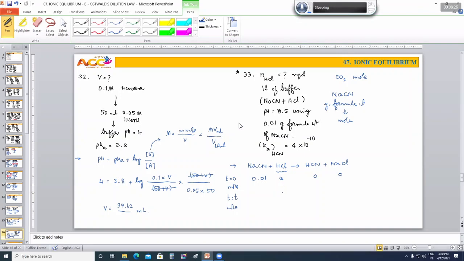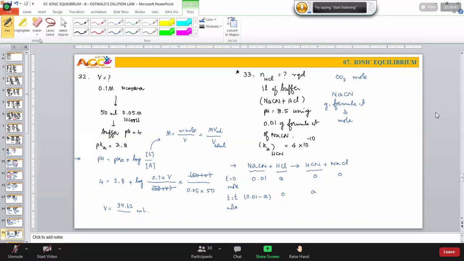Therefore, this is 0. This is 0.01 minus A. Are you able to understand? And this is A. This is not necessary. Why it is not necessary? HCl. What is this? Weak acid. This is supposed to be the case which forms a buffer.